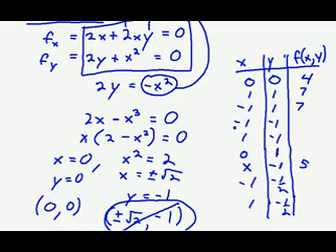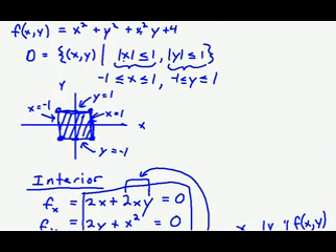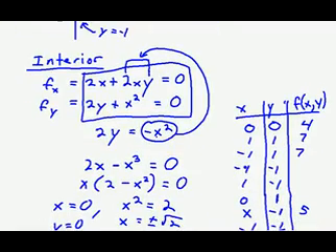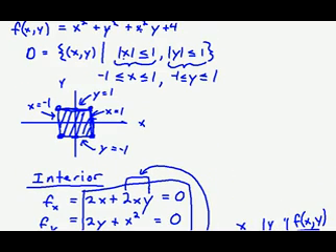If you plug in (-1, -1), I think you're going to get 5. Let's check that. So negative 1, that's 1. So we're plugging in this point, (-1, -1). So you get 1 plus 1 minus 1, then plus 4, which is 5, yeah.